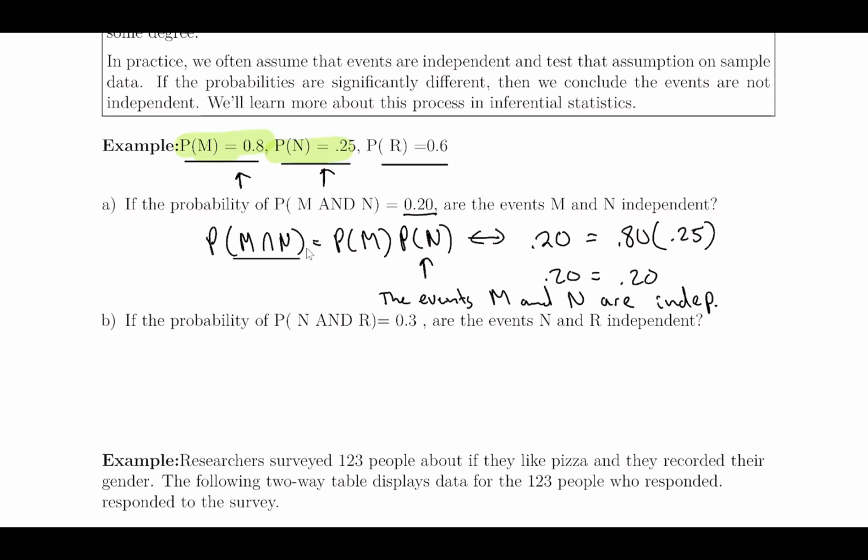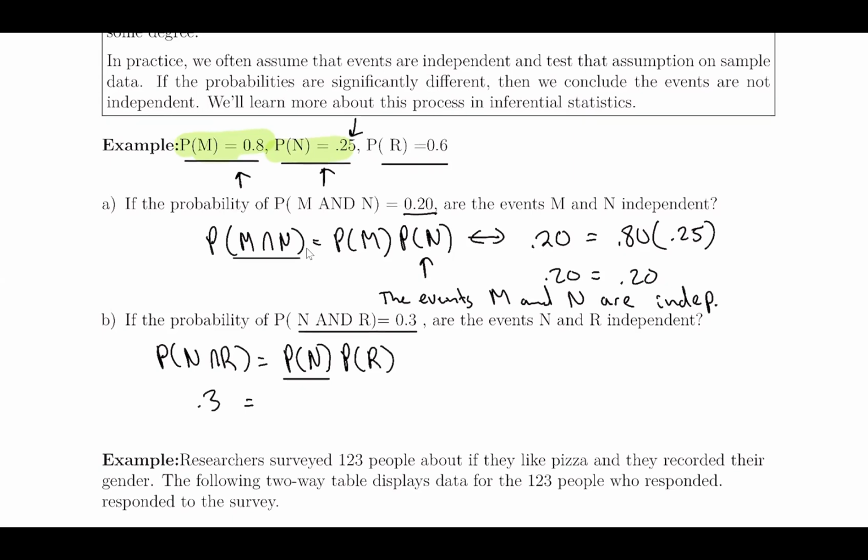For part B, what are the two events that we're trying to see if they're independent? Cool, N and R. So we're going to find the probability of N and R. That should be equal to the probability of N multiplied by the probability of R. They already told us the probability of N and R is equal to 0.3, so you put 0.3 over here. The probability of N is equal to 0.25.